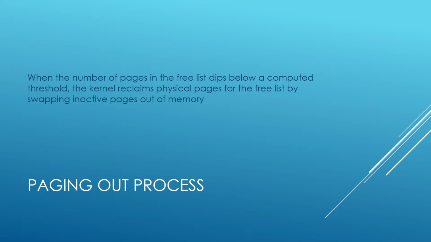Paging out process. When the number of pages in the free list dips below a computed threshold, the kernel reclaims physical pages for the free list by swapping inactive pages out of memory. So a simple example would be that if a page in the active list is not recently touched, it is moved to the inactive list. And if a page in the inactive list is not recently touched, the kernel finds the page's virtual memory object.